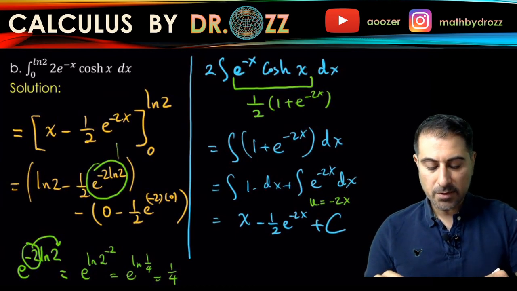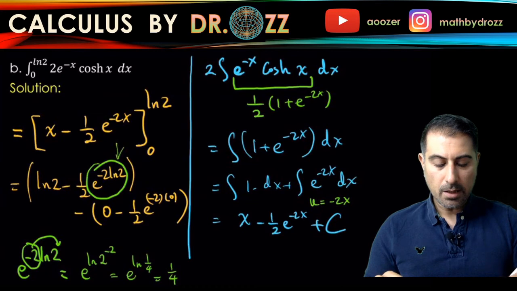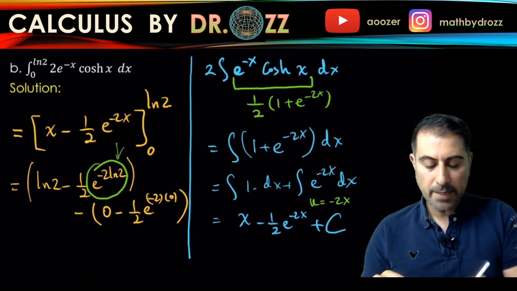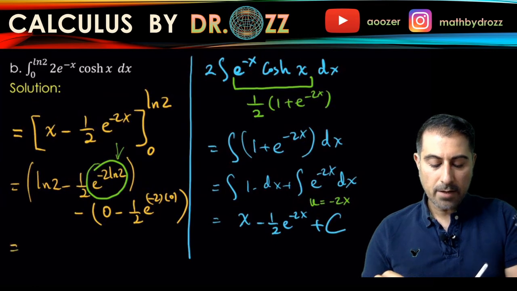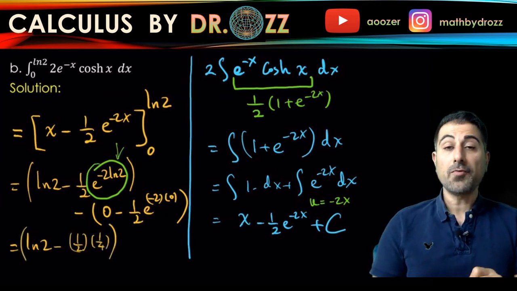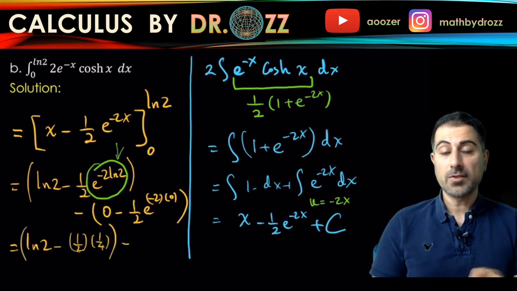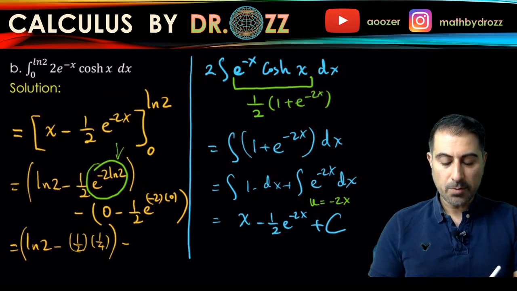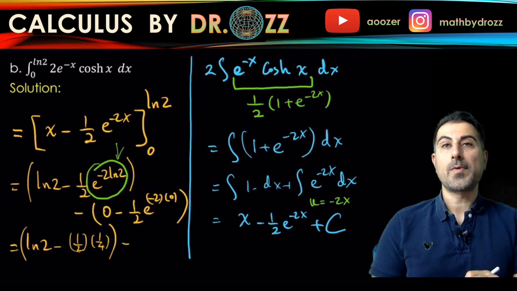So I'm going to erase this and continue there. Here we go. So it's ln2 minus 1/2 times 1/4, minus 0 minus 1/2 times e to the 0, which is 1. So minus 1/2 of that is minus 1/2, so it's plus 1/2.